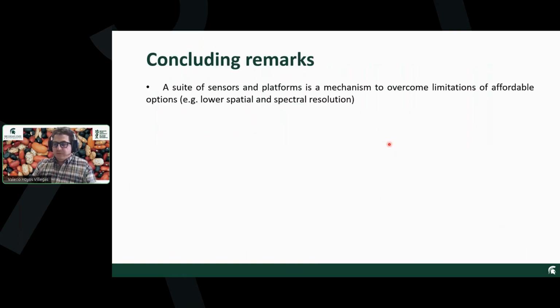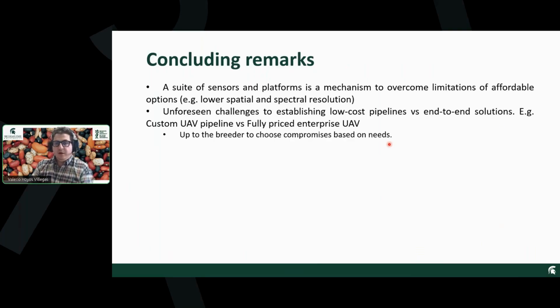Some concluding remarks. A suite of sensors and platforms are a mechanism to overcome limitations. There's a balance for breeders to adopt a tool, but there needs to be careful thinking about where the happy medium is between, for example, lower spatial resolution and spectral resolution, or the pros and cons of a particular technology.